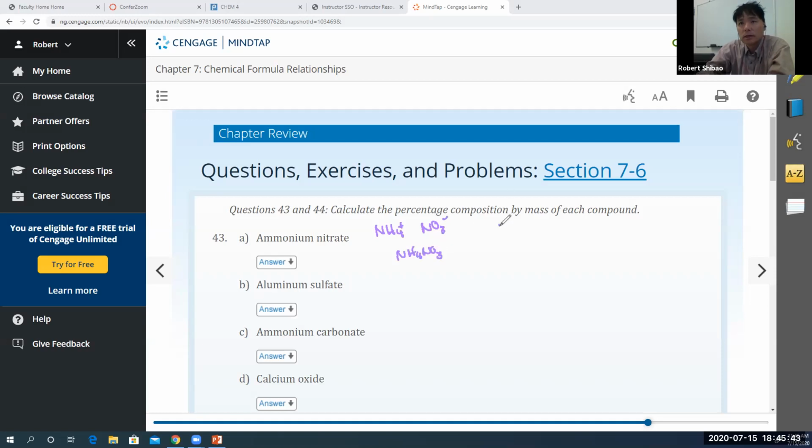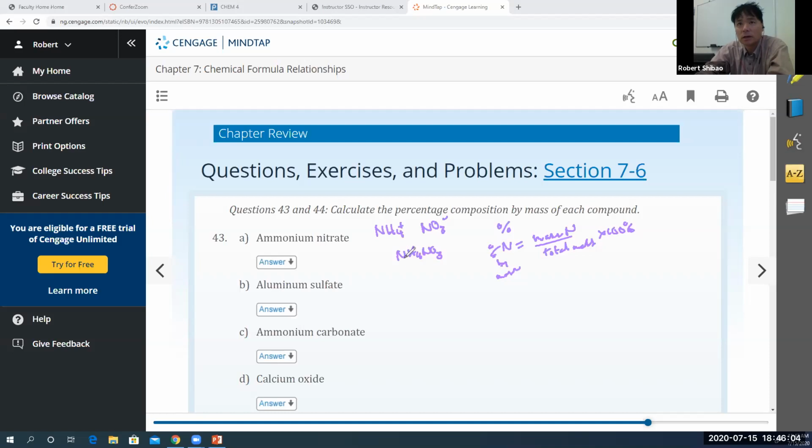Now, when we do the percentage of nitrogen, we need the mass of nitrogen over the total mass, times 100%. This gives you the percent nitrogen by mass. This is not the percent nitrogen by atom.